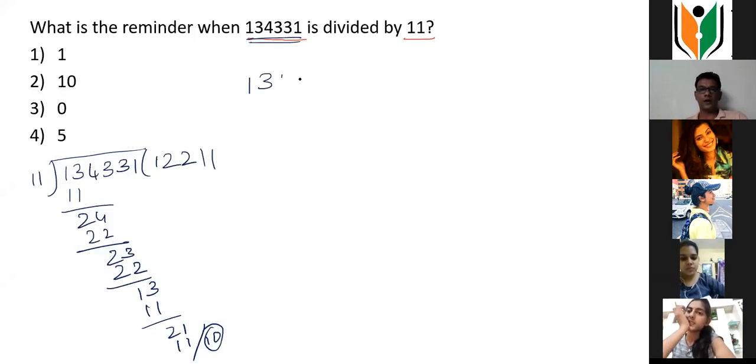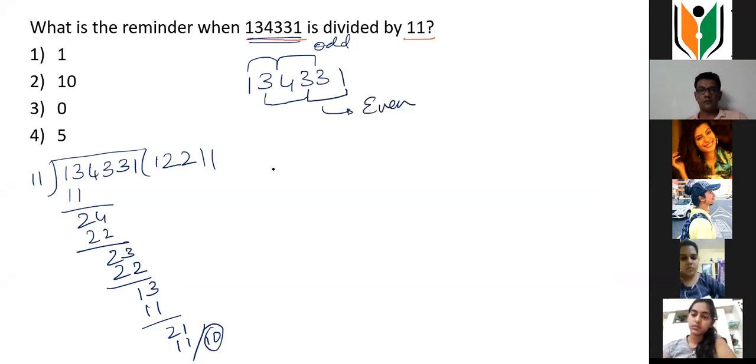So when I have 1, 3, 4, 3, 3, 1, I can take this value as odd places and I can take this value as even places. Now remember, I may not be wrong in taking these values as odd places and those as even places.